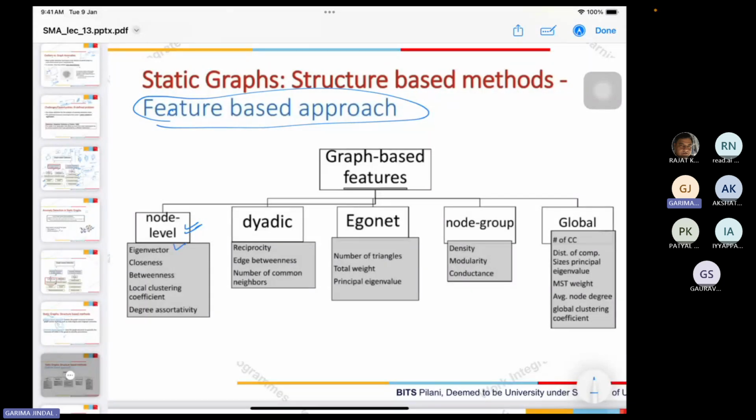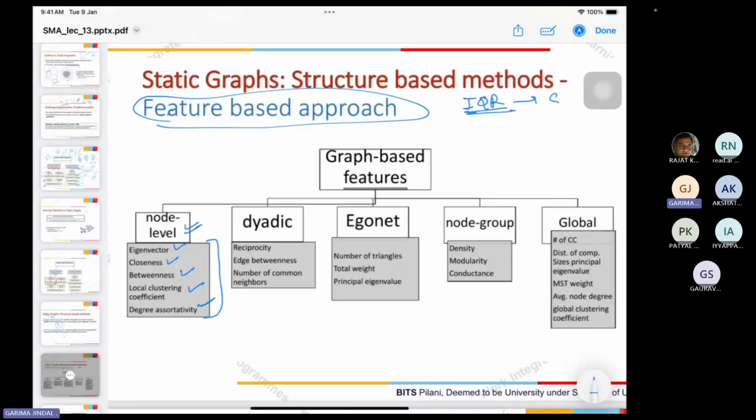We have already studied eigenvector, closeness, betweenness, local clustering coefficient, and degree. Based on these properties, you can see whether there is a certain node that has a very low value or a very high value. Those nodes can be classified as anomalous. You might have also studied IQRs.